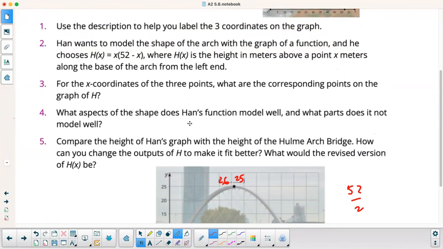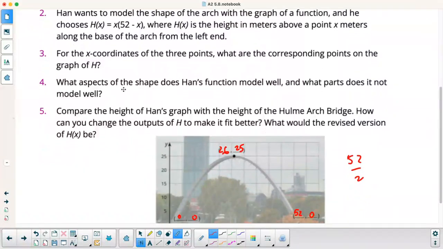Han wants to model the shape of the arch with the graph of a function, and he chooses this function. Where did he get that? He got these from the x-intercepts. This factor gives you the one that's 0. And the 52 minus x gives you this one, because remember, if you set each factor equal to 0, this one's easy, obviously that's an x-intercept.